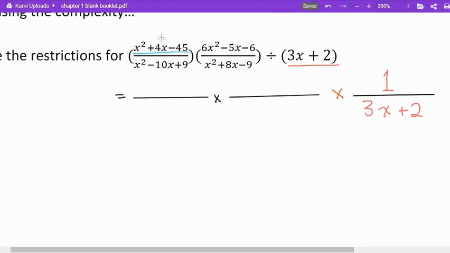So for this trinomial, it's a simple trinomial. So let's factor it. For the denominator, it's got to add up to -10, multiply to +9.